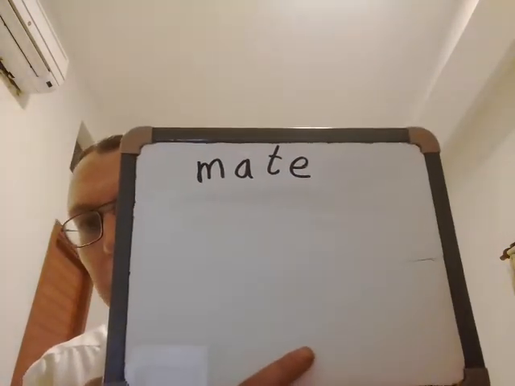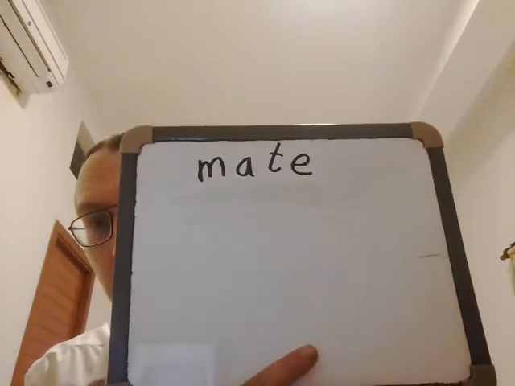So, the first episode today, we're going to be talking about the word mate, possibly one of the most important words in the English language. So, this is how to talk English like an English guy. You want to get your pipe sparked up, you want to get your cup of tea, and just get a bit English.